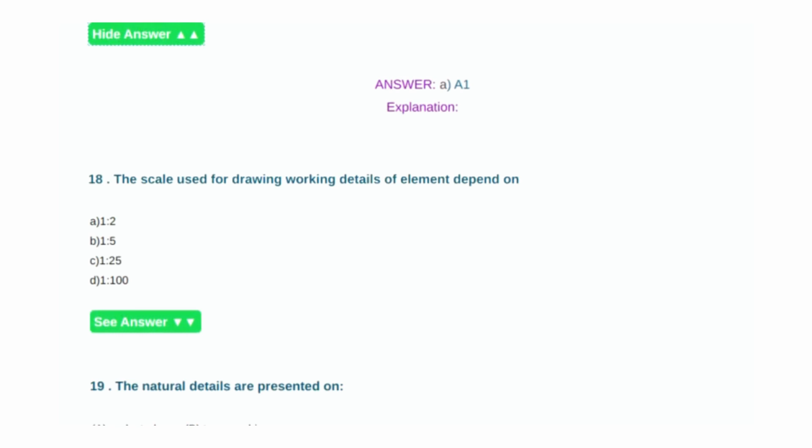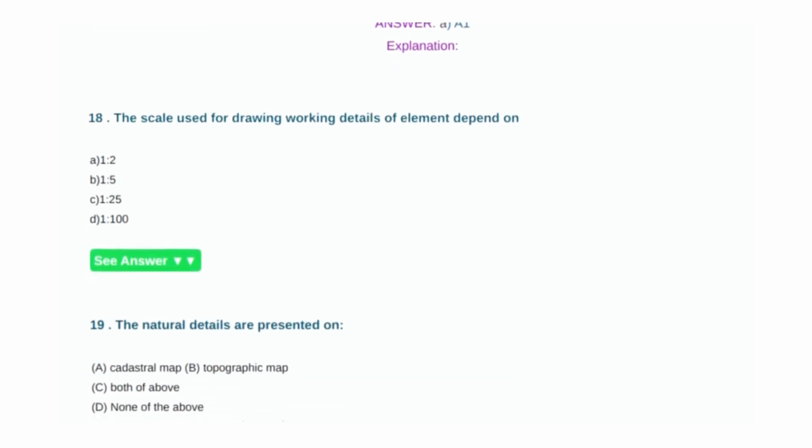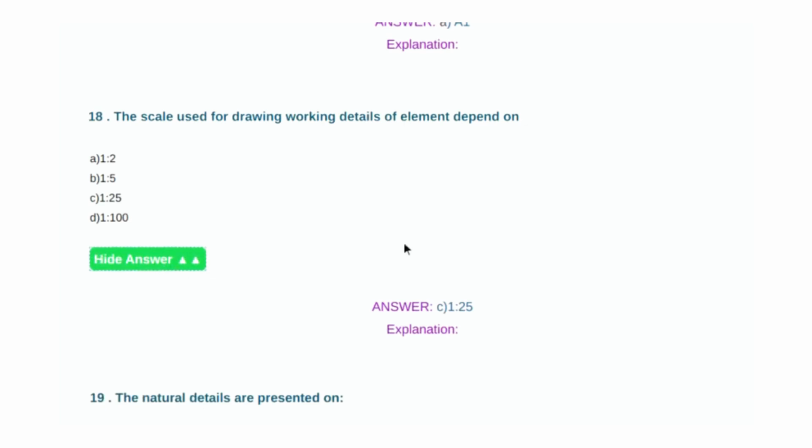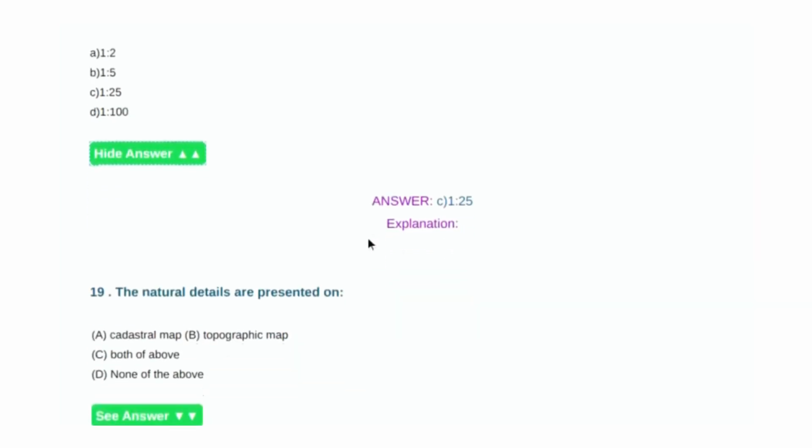The scale used for drawing working details of an element depends on the options. One is 1:200, and 1:25 is the right answer.